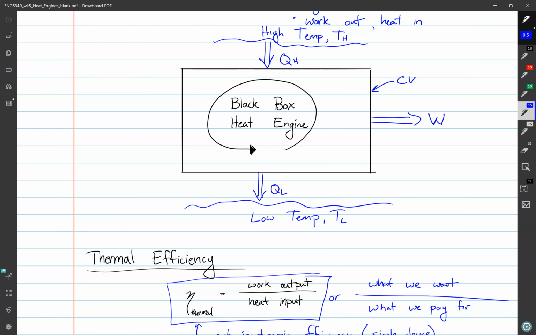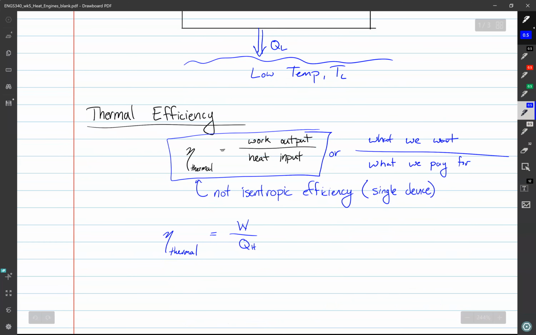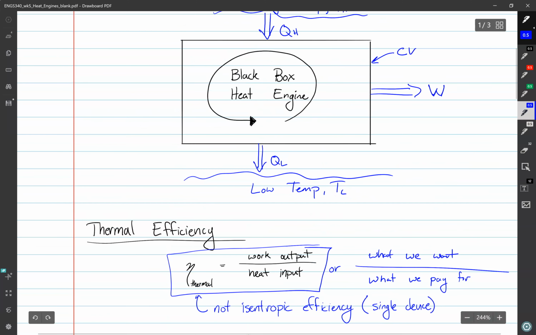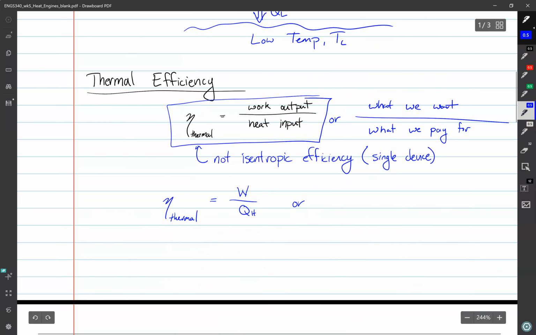The net work that we're getting out, that's W. The heat that we're putting in, that's QH. But because of conservation of energy, we can do an energy balance and say that the work that we're getting out is just the heat that we put in, QH, minus the heat that we lost, QL, because all of those things have to match up.